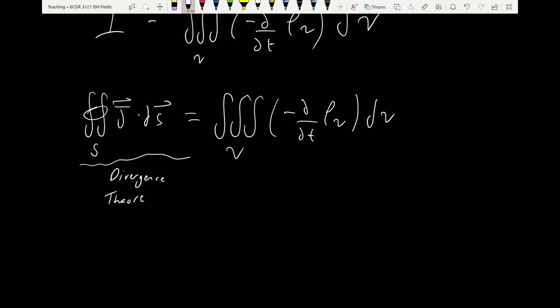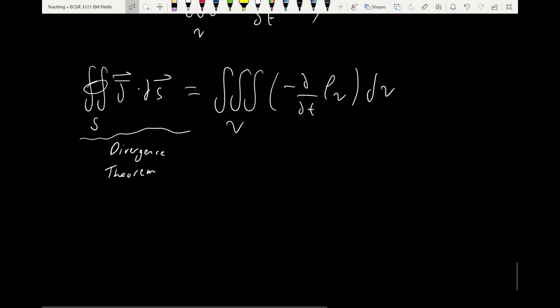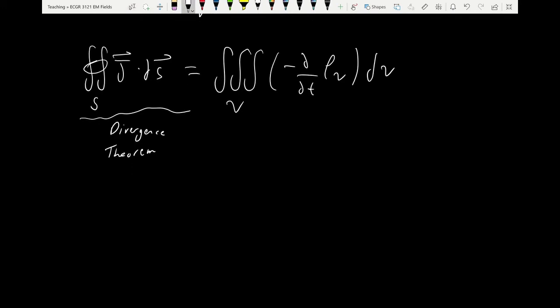So all the math that we spent a long time studying in chapters 1 and 2, notice how it always comes back, and it's very useful to get all those results that we're getting. Okay, so using the divergence theorem, I turn this into a volume integral of the divergence of j dv, right?